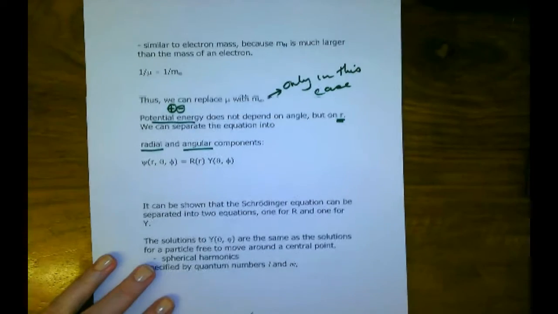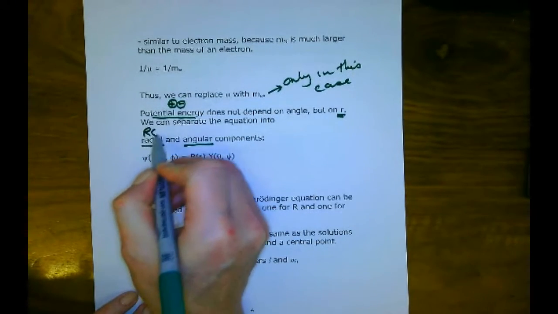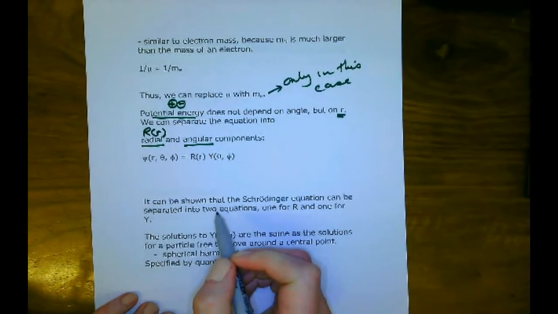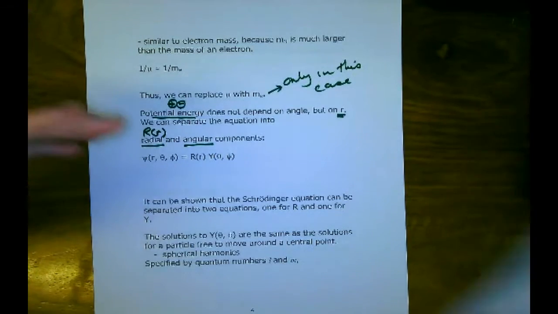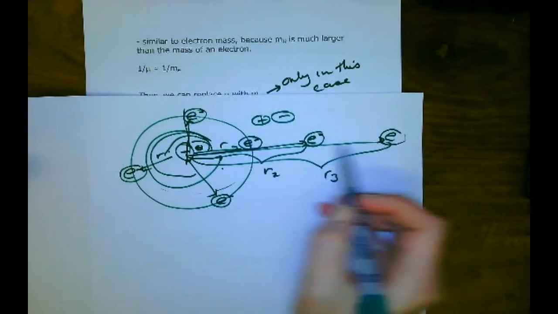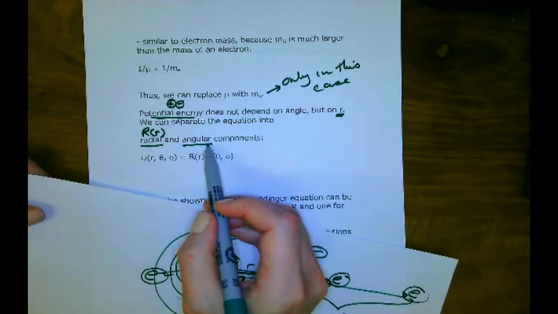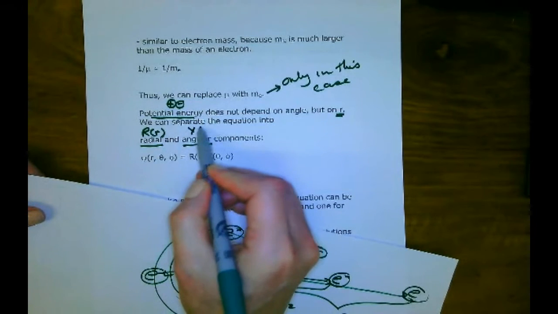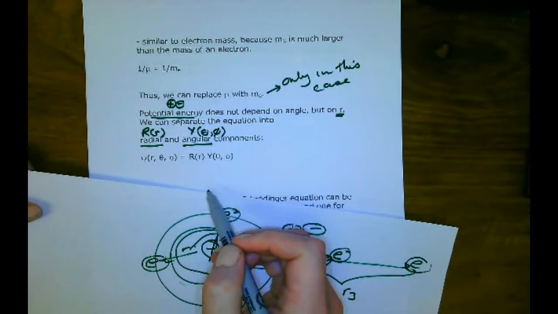So the wave function looks like this. Let's say we call the radial component uppercase R, and it's a function of R. Why? Because the radius changes like this. And then we have the angular component, and we're going to call that the following.